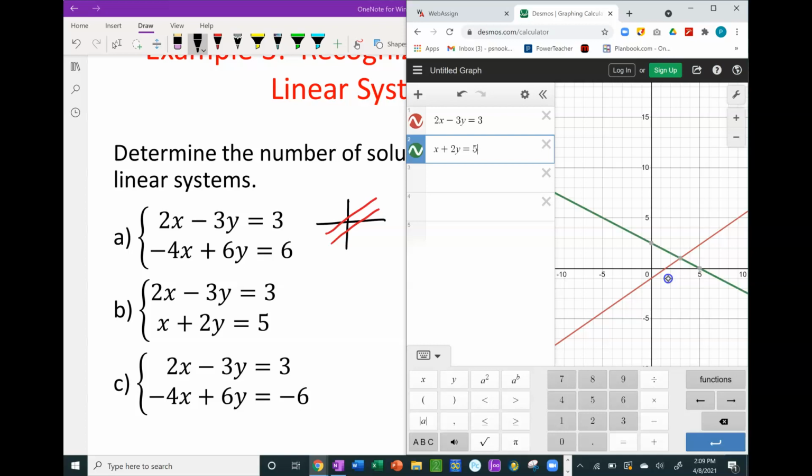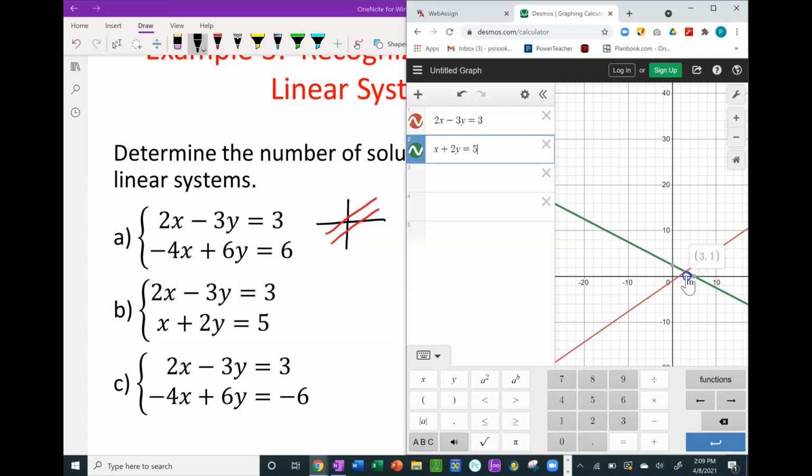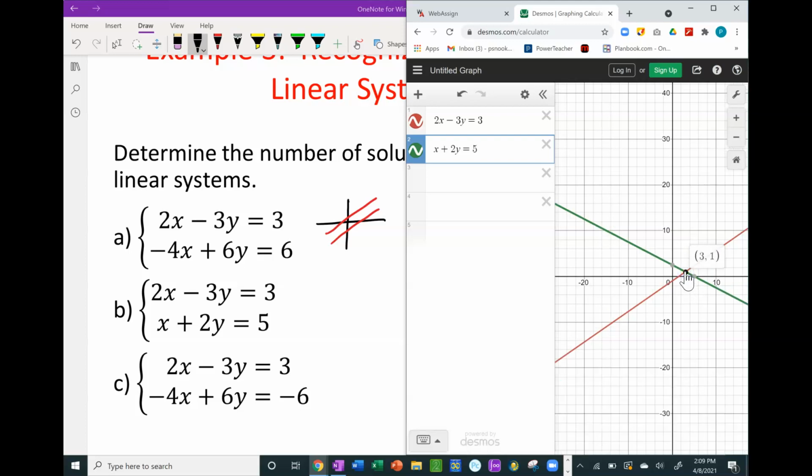And now I have an intersection point. So that is one solution. And if I wanted to, I could find out what that solution is. Let's see what it is. I'm going to come over here. It's the point (3, 1), so x is 3, y equals 1 is our one solution.